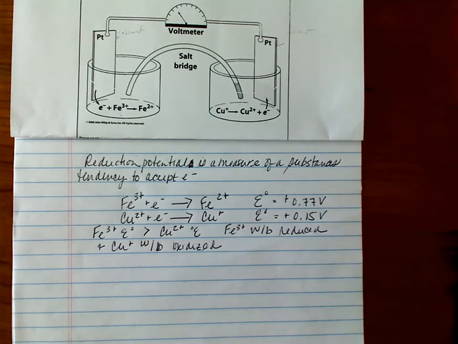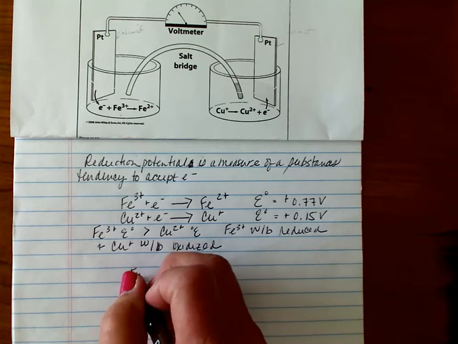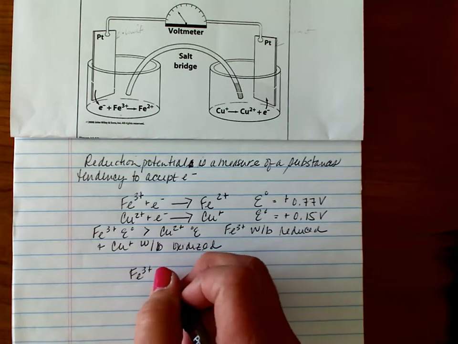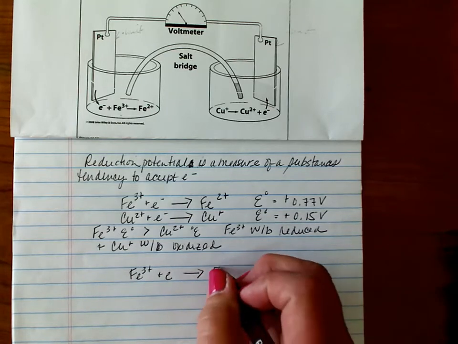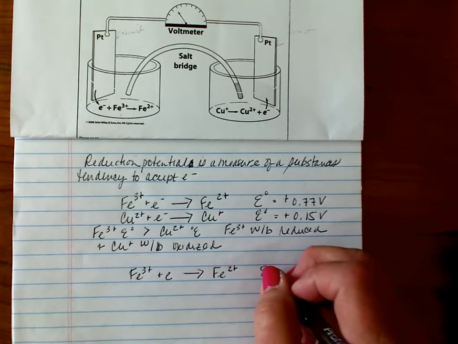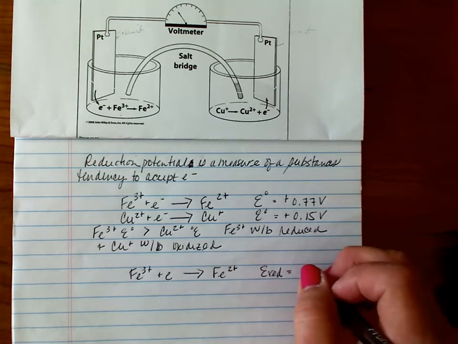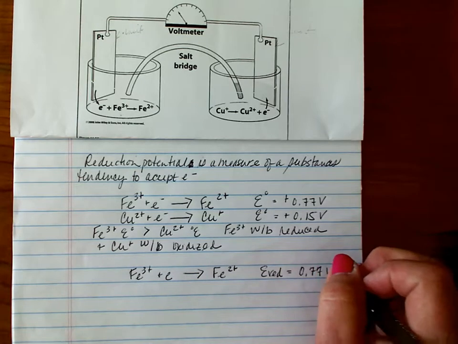So, in order to calculate the E of this cell, which is what we would call this, we will combine those two reactions as a reduction and an oxidation. Since iron is going to be reduced, we're going to write this as an E of reduction, and that is a positive 0.77 volts.